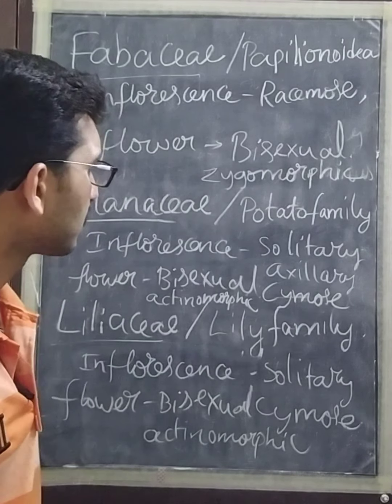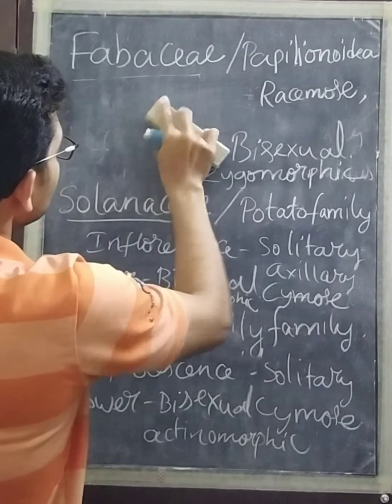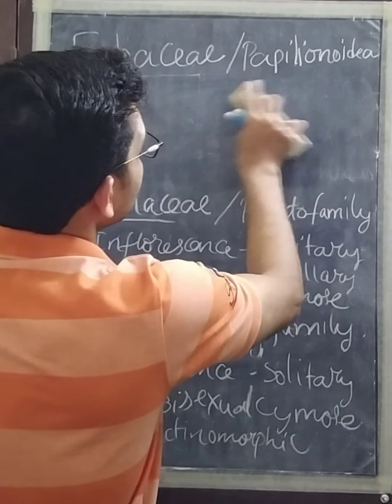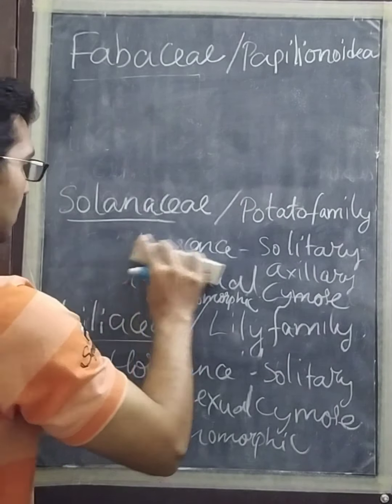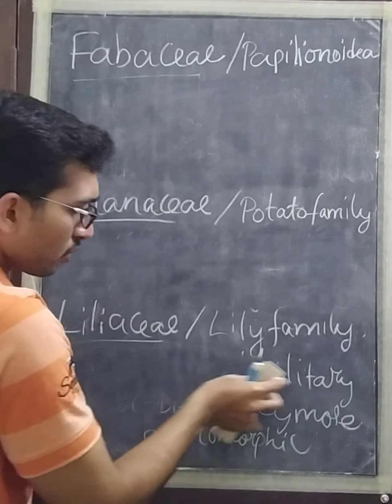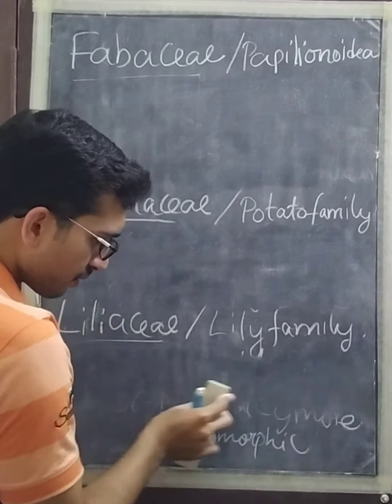Officially the sepals are known as the calyx. After the sepals, we will discuss the petals, which scientifically we call the corolla. Next, after calyx and corolla, we will study the androecium. Androecium means the male sex organ.